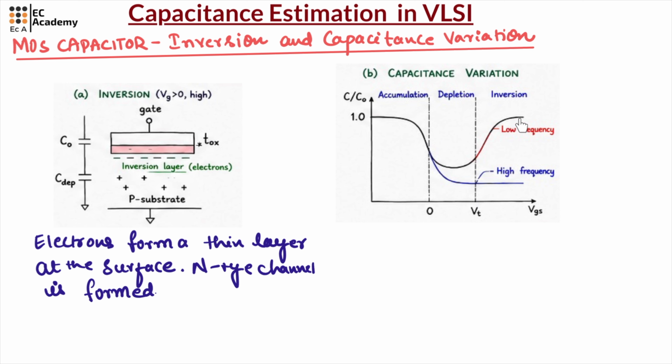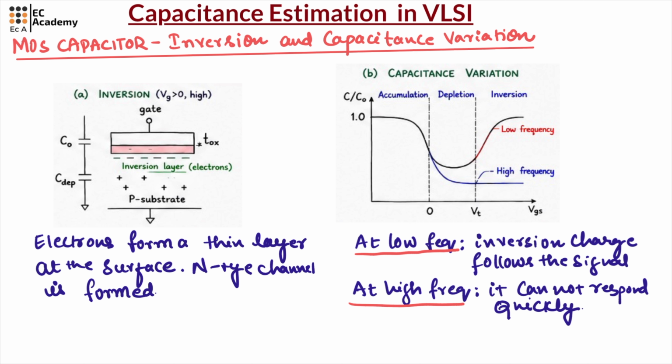The capacitance is high for low frequency, and for high frequency the capacitance decreases in the inversion region. So, you can remember, at low frequency the inversion charge follows the signal, and at high frequency it cannot respond quickly.